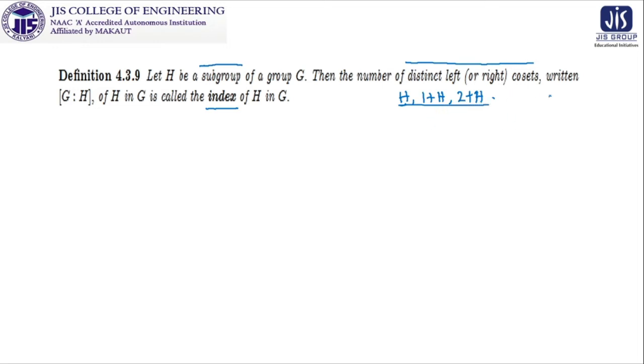So here the index will be the number of distinct left cosets, so it will be 3. What does it mean? If these are the distinct left cosets and you take the union of them, you will get the set G.